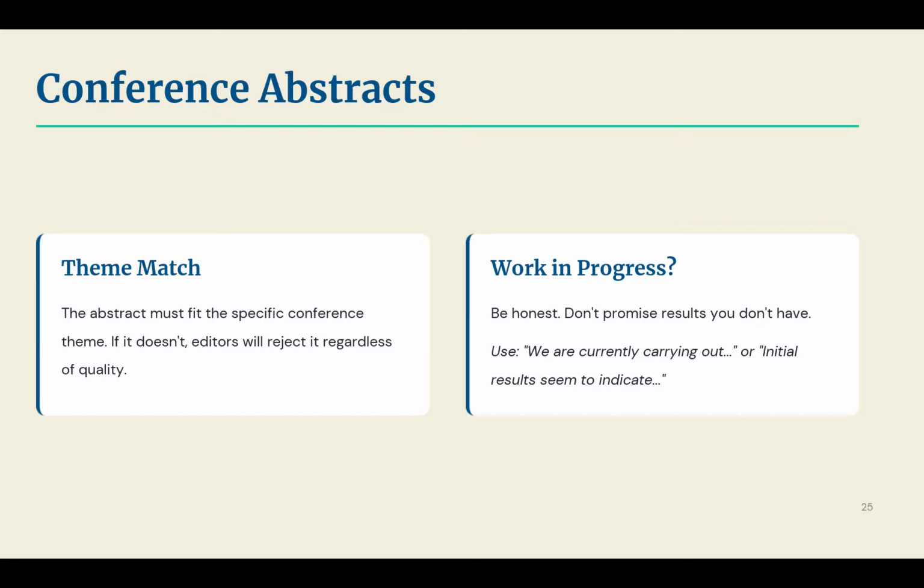You can indicate very honestly that results seem to indicate, or that they are initial results, because it's for a conference. They know that by the time the conference is held, and by the time you process the rest of the proceedings, if your abstract and your finding are significant, they are going to give you a chance. So never ever try to cheat, but be honest.